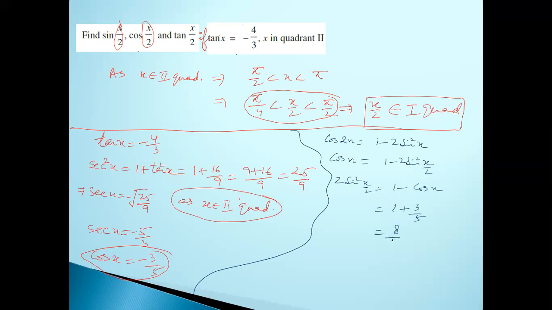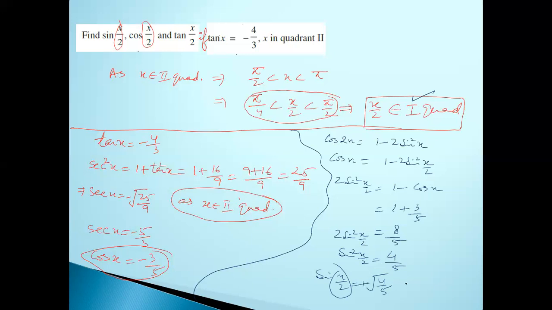That is 8 upon 5. It is 2 sin square x/2. That is sin square x/2 would be 4 upon 5, dividing both sides. Taking the square root of 4 upon 5, and because x/2 lies in the first quadrant, sin x/2 would be positive.